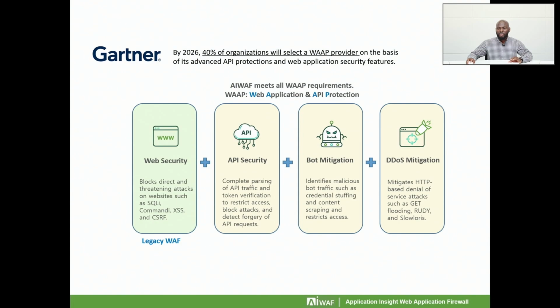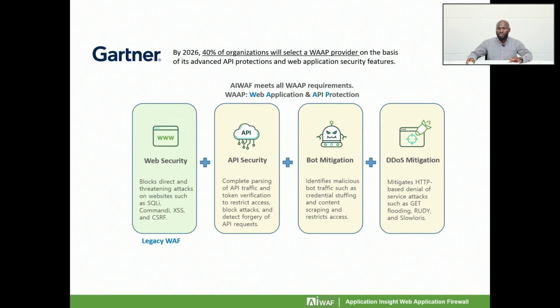It is therefore imperative to have an integrated WAF solution capable of mitigating these attacks. According to Gartner, by 2026, 40% of organizations will choose a WAF provider based on how advanced their web application and API security features are.